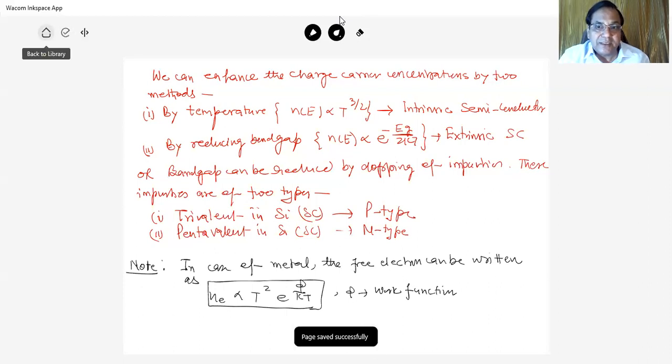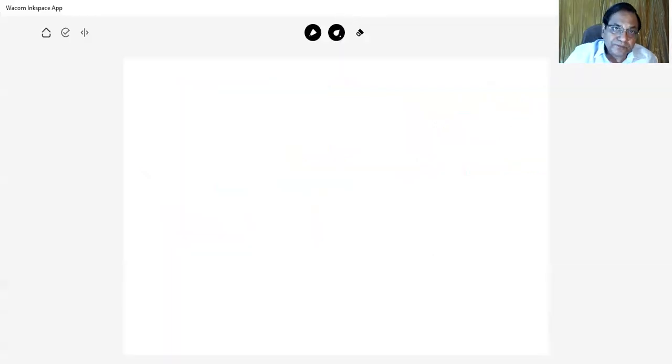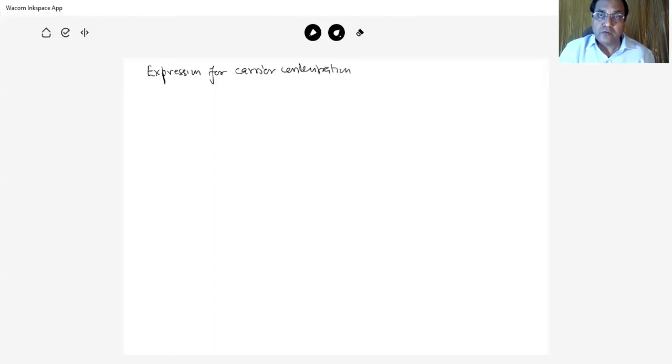We can have the carrier concentration of the holes also. So the expression for carrier concentration of holes.